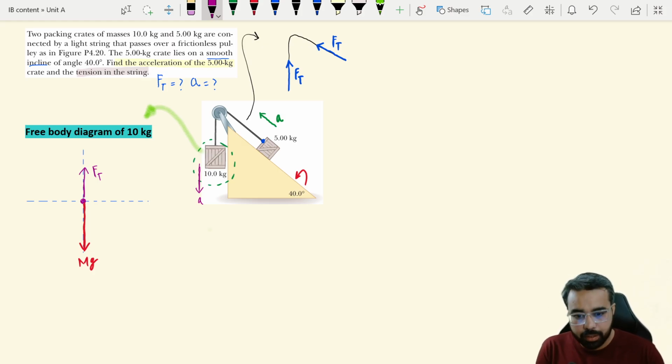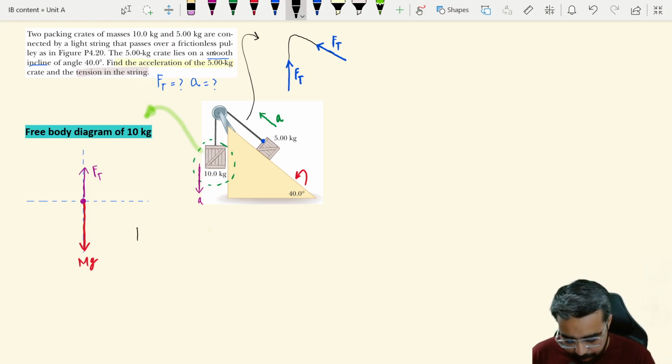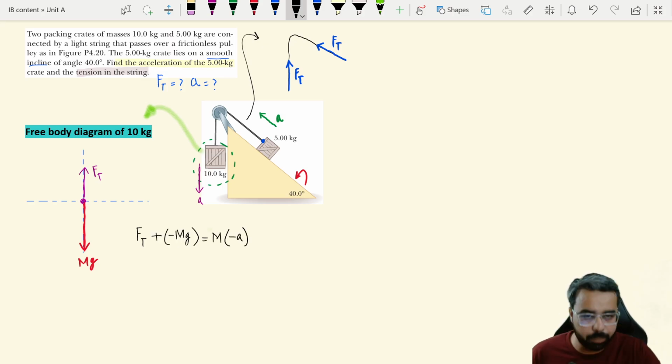Now we can make an equation, because this is an example of unbalanced force. If we apply Newton's second law, then Ft positive plus negative Mg is equal to M into negative a. Properly, if you write the equation according to Newton's second law, this is the resultant force, the net force applied on the 10 kg.